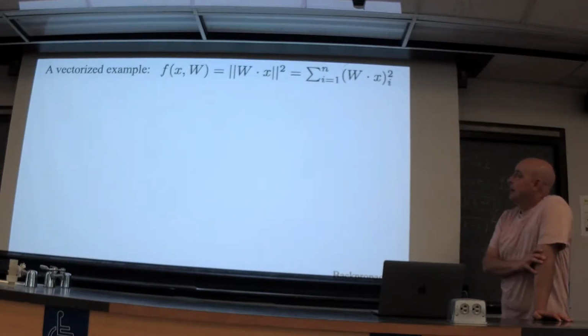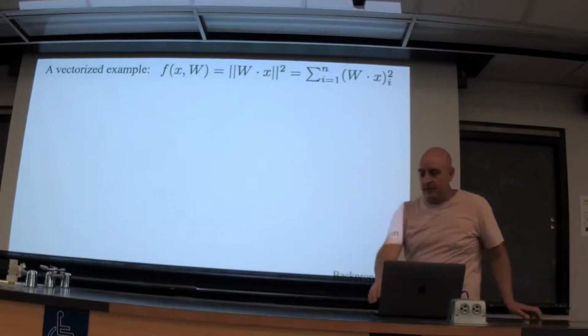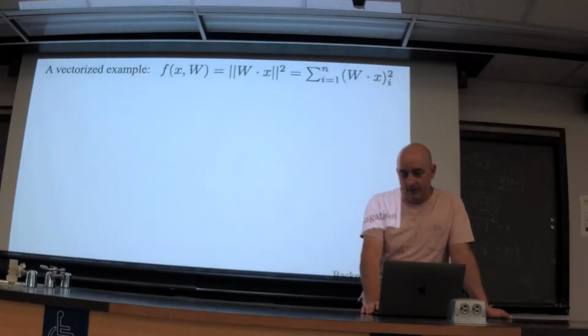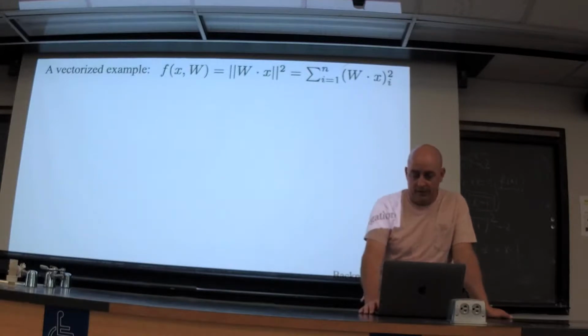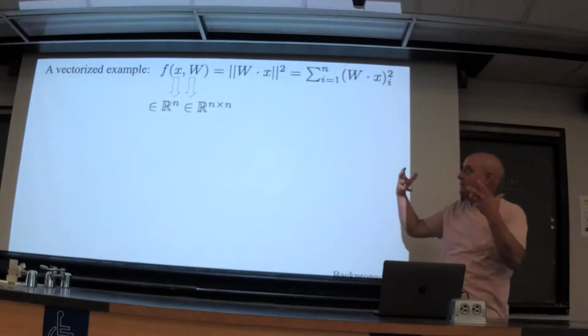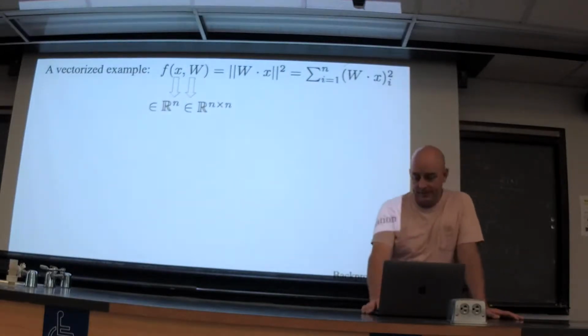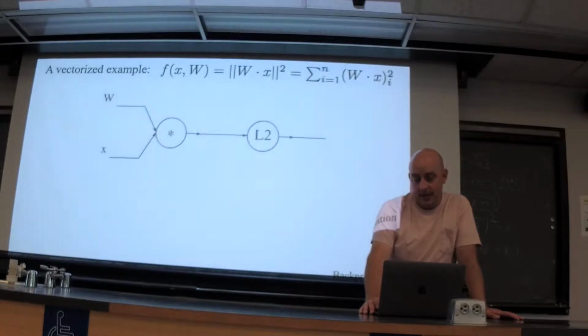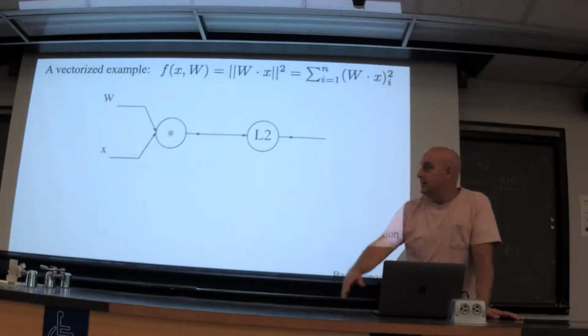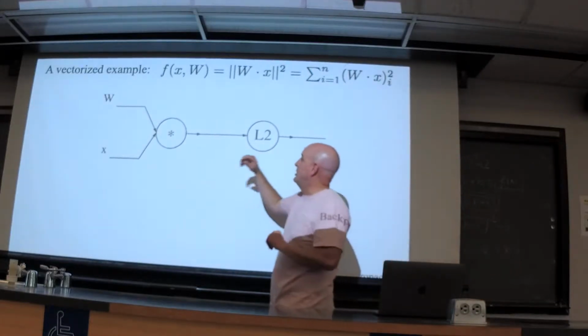So the question is, how do we do all of this when we have vectorized inputs? In this case, we're going to let W be a square matrix n by n. We're going to let x be a column vector of dimension n. This is the computation graph.